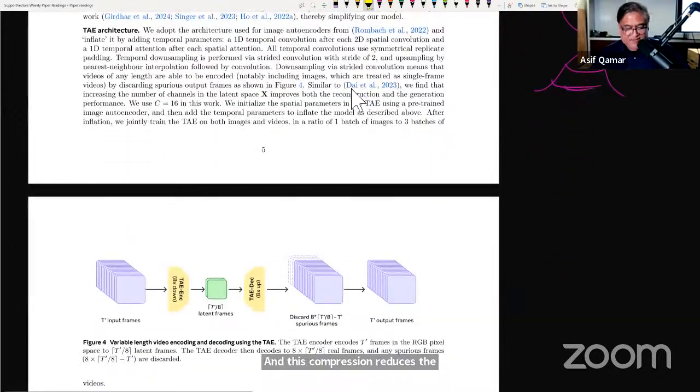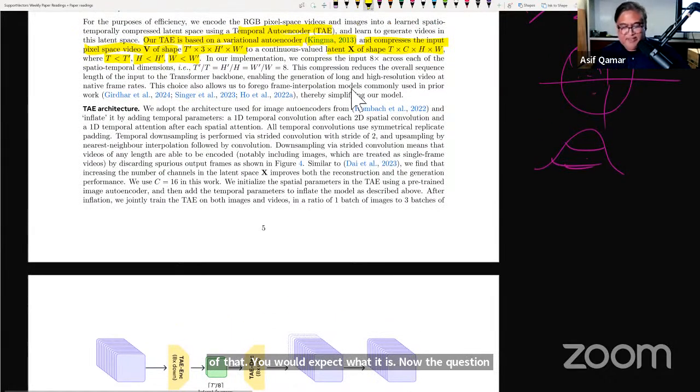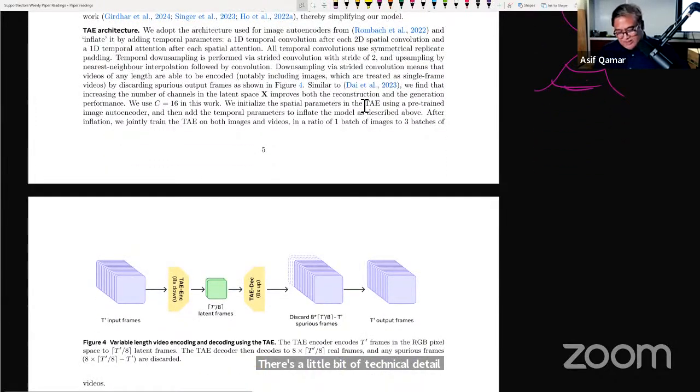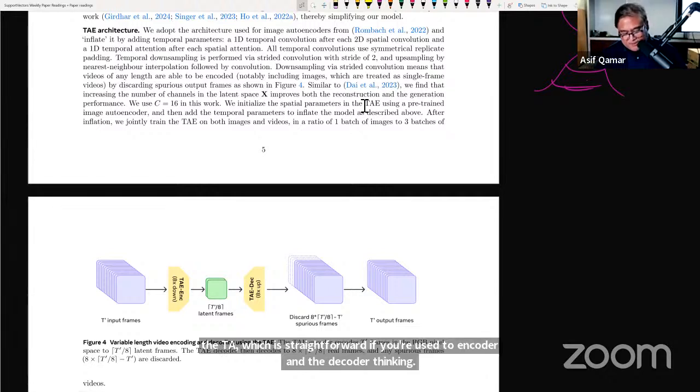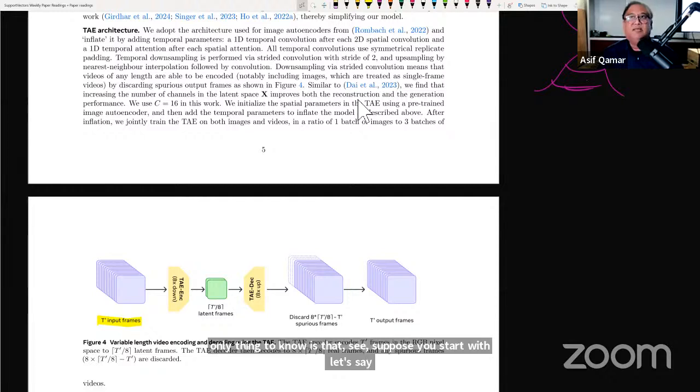Now the question is, how is this TAE implemented? There's a little bit of technical detail of the TAE, which is straightforward if you are used to encoder and decoder thinking. The only thing to know is that, suppose you start with, let's say, 64 frames, and it reduces you down to 8 frames, right?